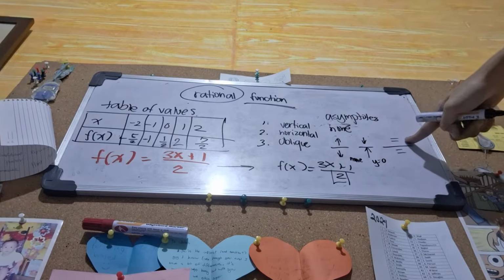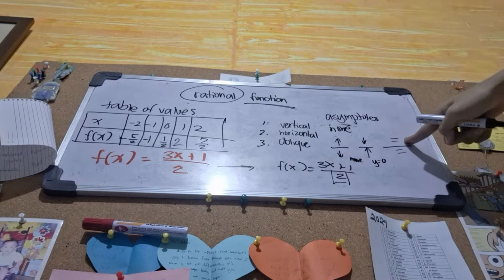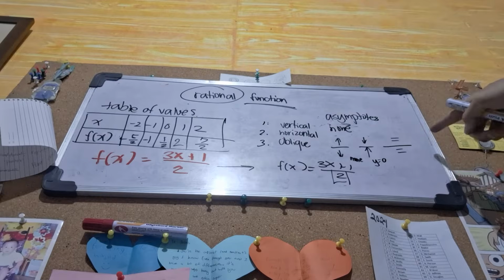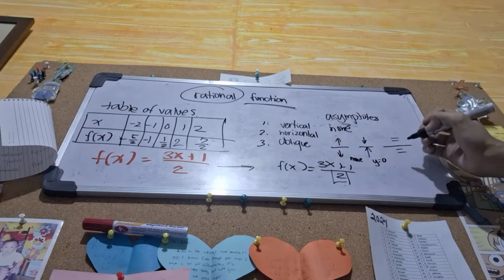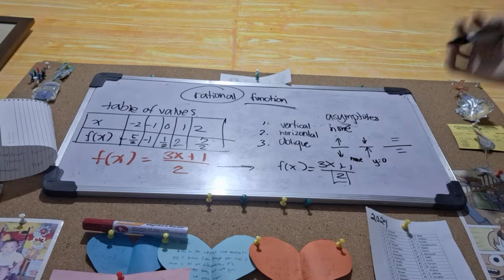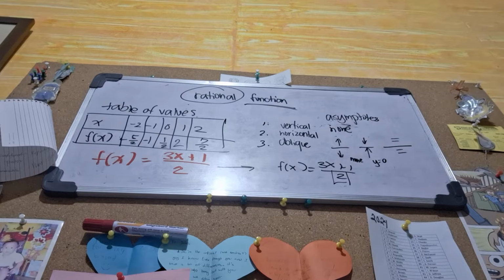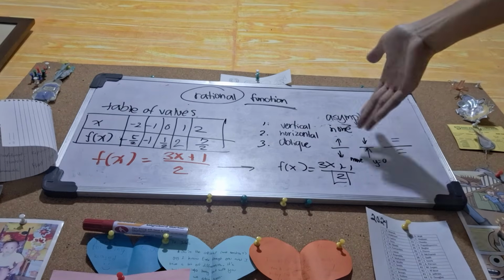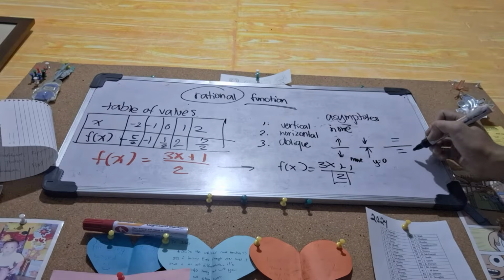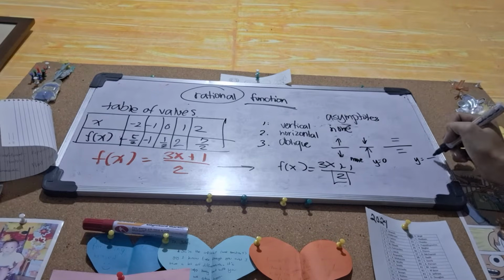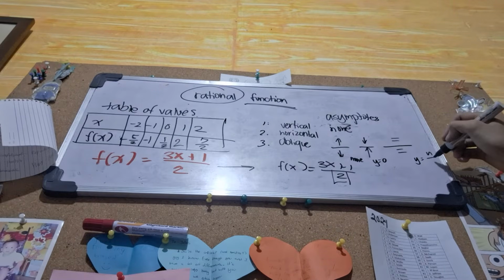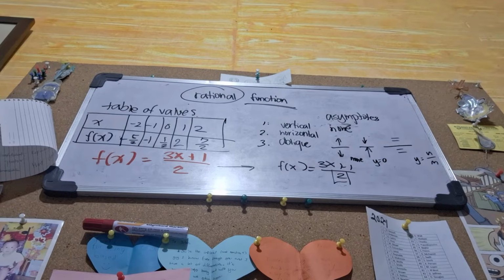And if they're both equal, the exponents are equal on both sides, you take the leading coefficient of both sides. I'll show it to you later what I mean by that. I'll show everything. You just divide one by the other.